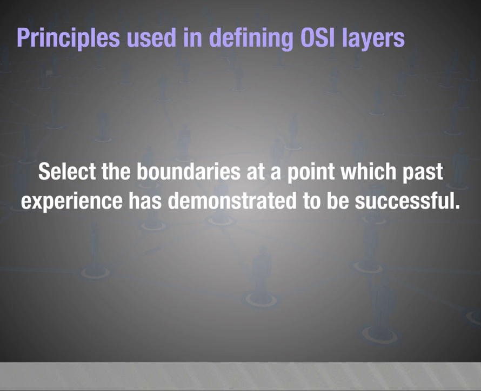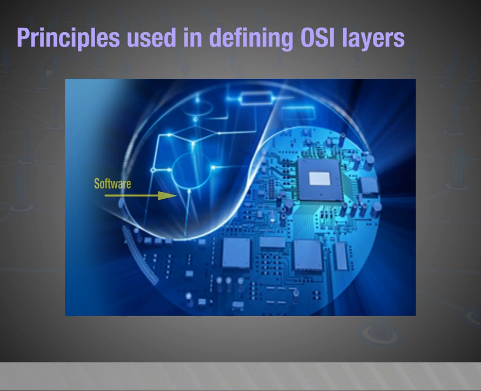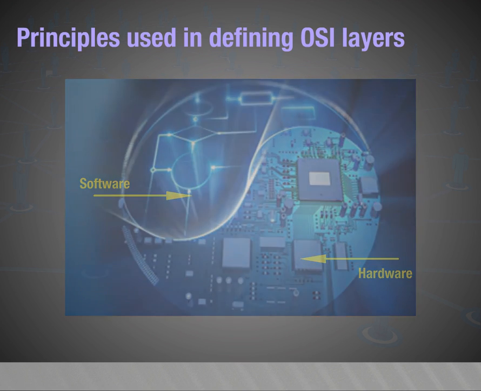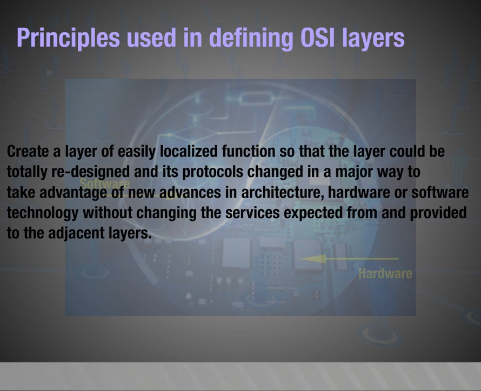Select the boundaries at a point which past experience has demonstrated to be successful. Create a layer of easily localized function so that the layer could be totally redesigned and its protocol changed in a major way to take advantage of new advances in architecture, hardware, or software technology without changing the services expected from and provided to the adjacent layers.